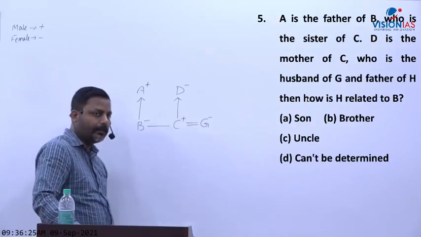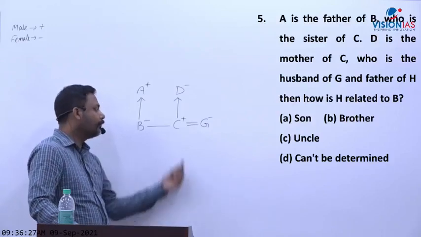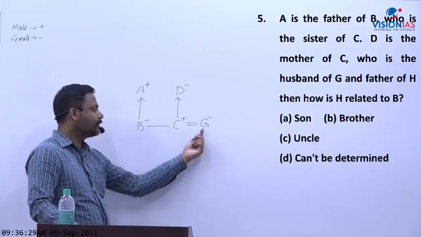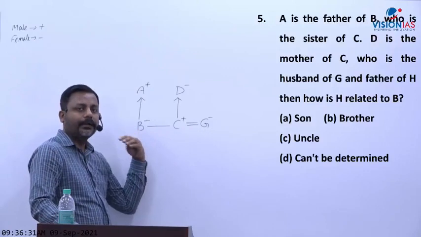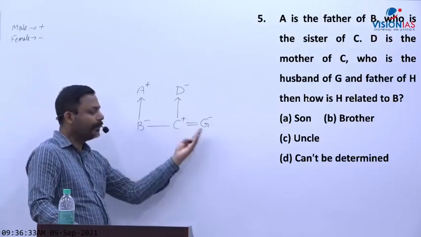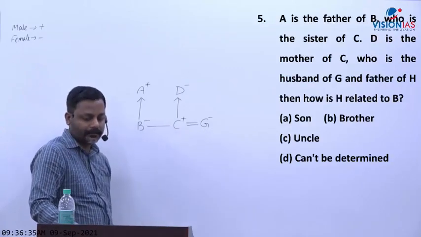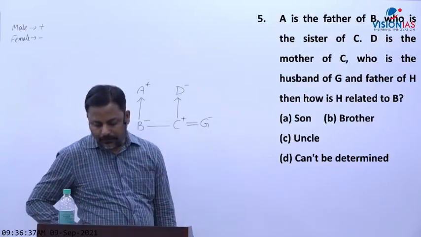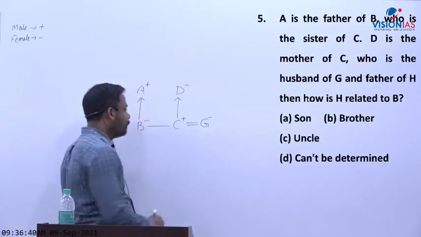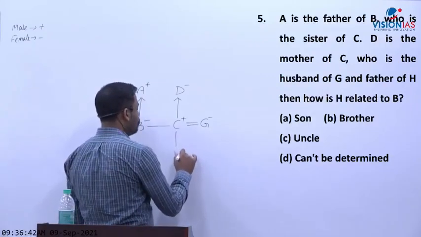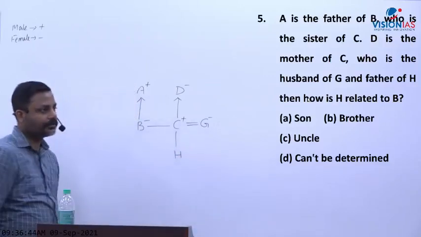So in case of marriage, if we get to know any one of the person's gender, then we can identify the other person's gender as well. Now, and father of H. It means what? C is father of H.